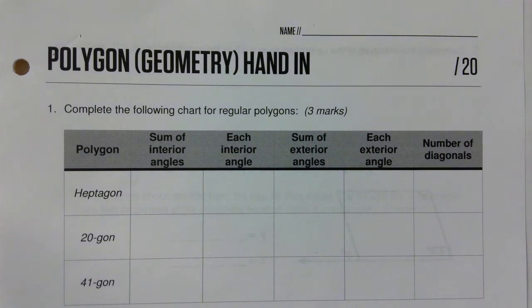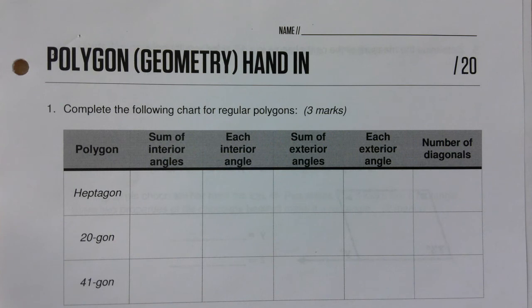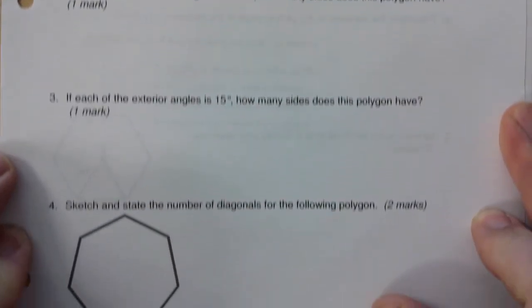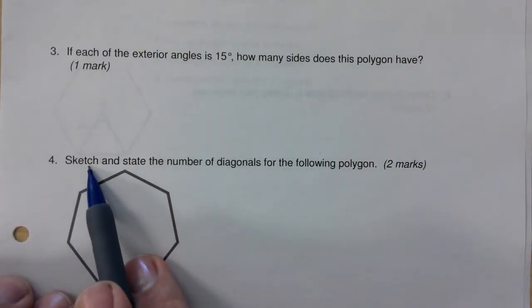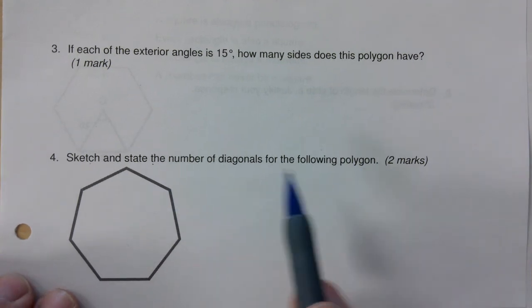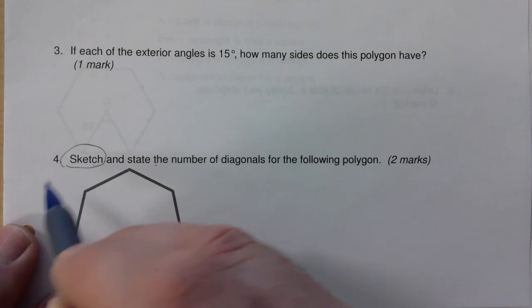I don't know if it's right after this handout we just worked through. And the only thing I'm going to say here is question 4. It says, sketch and state the number of diagonals for the following polygon. This is optional, right?